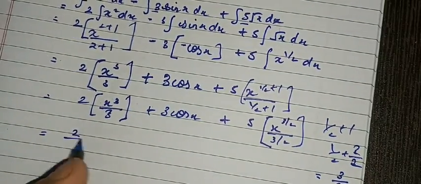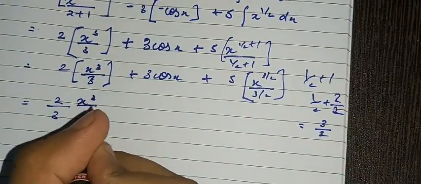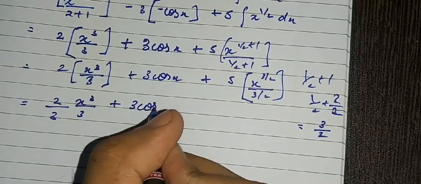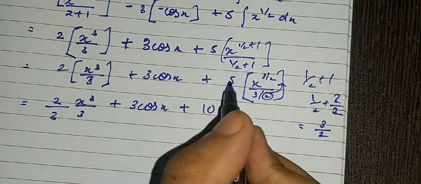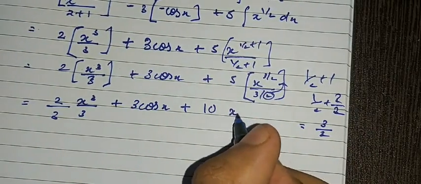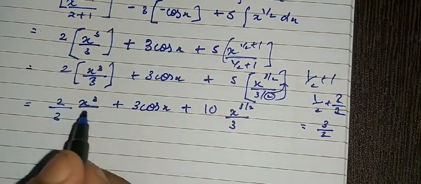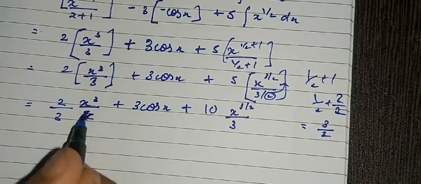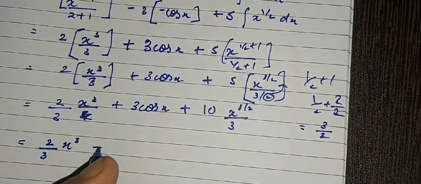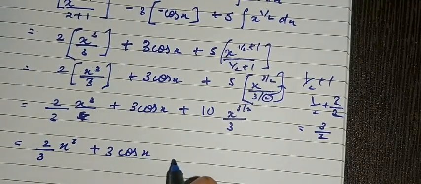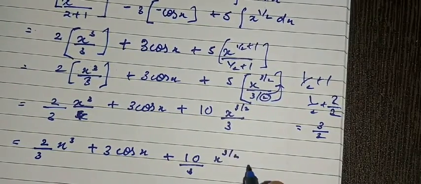Now this 2 by 3 x cube plus 3 cos x, this 2 will go up, so 2 into 5 is 10, 10 by 3 x raised to 3 by 2. Sorry guys. So let us make it a final answer. 2 by 3 x cube plus 3 cos x plus 10 by 3 x raised to 3 by 2 plus c.